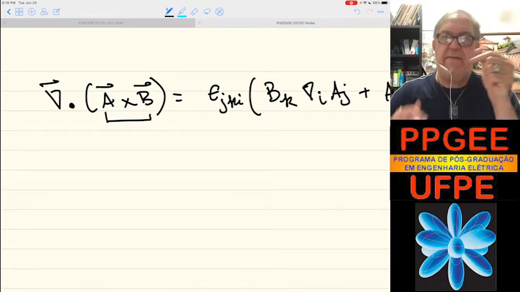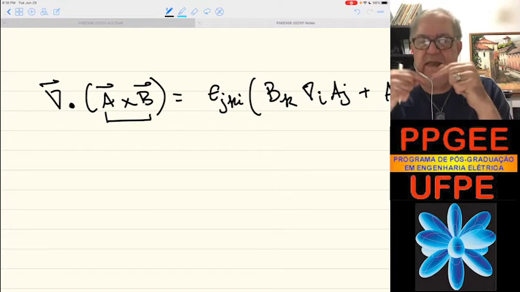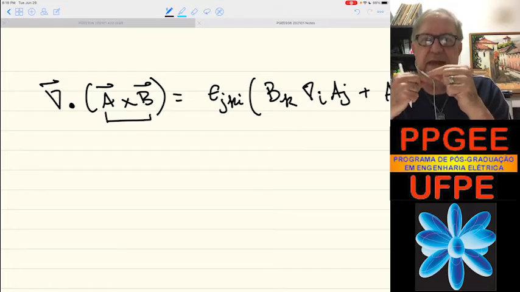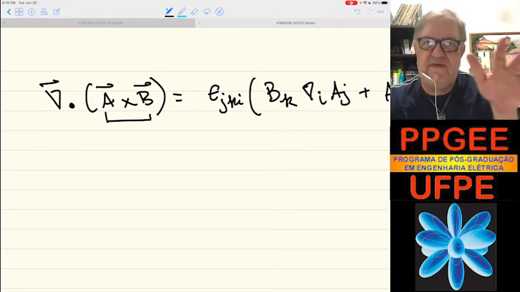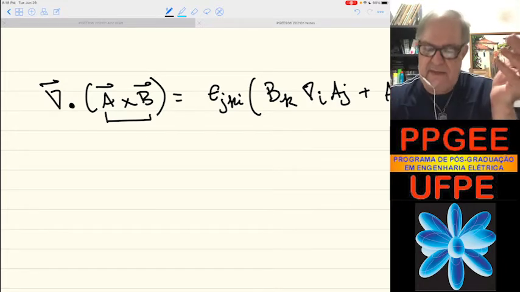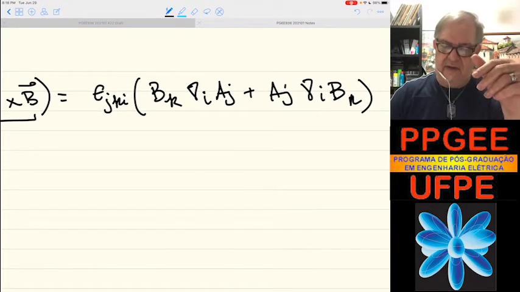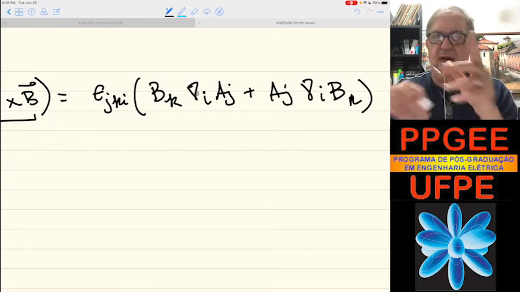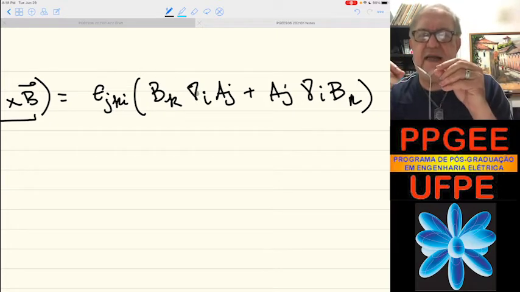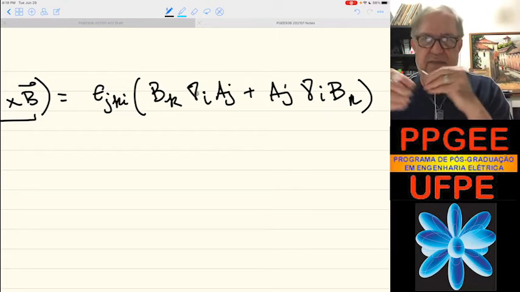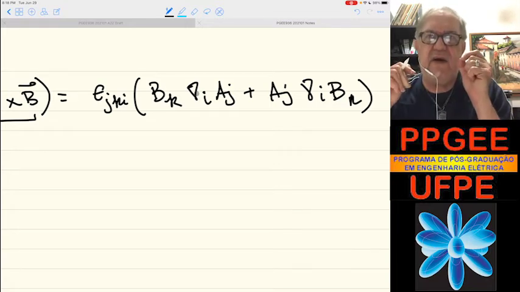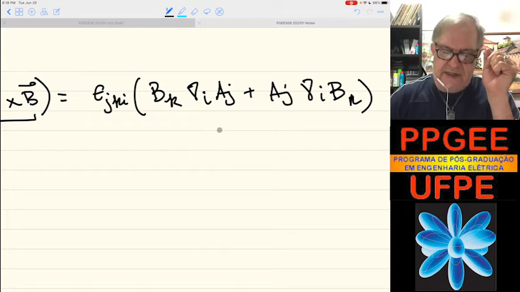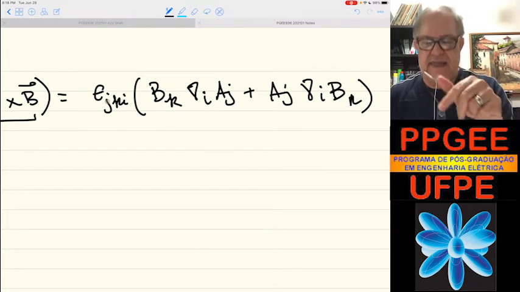If I make a cyclical permutation in the indices of the Levi-Civita symbol, I have no modification in the symbol. It's the same. Notice this is a triple sum, so all indices are dummy indices. I can play around with them, but I cannot violate the cyclical property. If I change in a non-cyclical way, I have to change the sign.